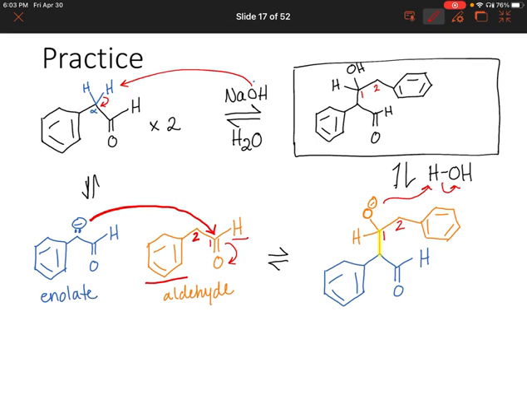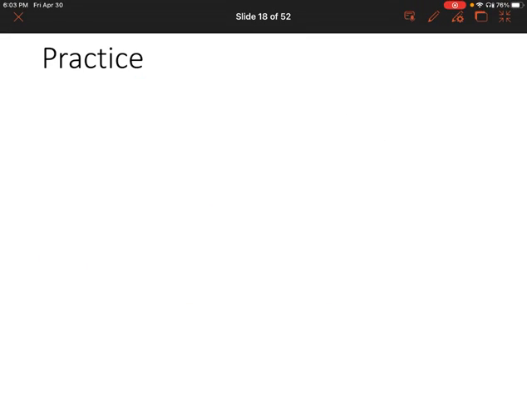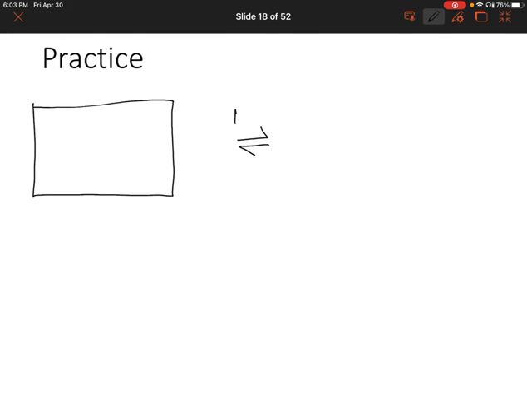All right, let's do a slightly harder problem. What if we're given the product and we have to figure out the starting material? And remember, the starting material will just be multiplied by 2 since we're reacting 2 of the same aldehyde together.